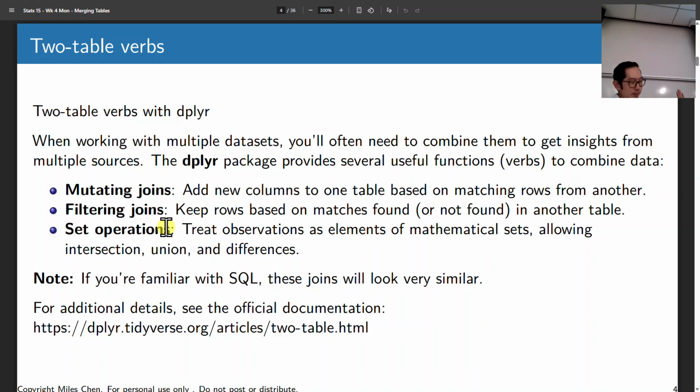Filtering joins are things like you have the table you're working with, and then you also have another table, and based on what's in the other table, you want to filter down this primary table based on the rows that are in the other table or not. Okay, so those are filtering joins, right?